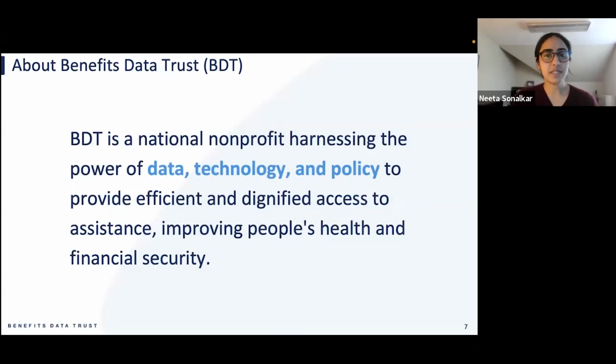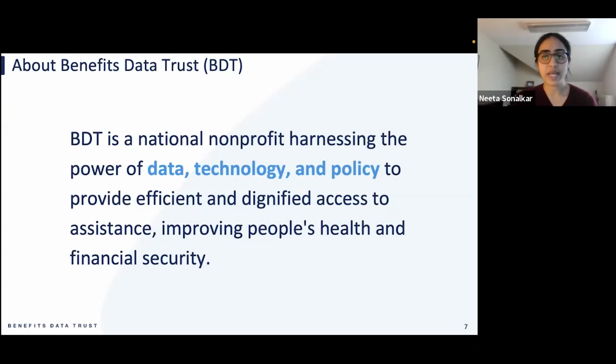So a little bit about BDT. We are a national nonprofit, as Pauline mentioned, that works to improve people's access to benefit programs. And for the last nearly 20 years, our entire mission has been to help people live healthier, more independent lives by creating smarter ways to access benefits and services. And the way that we do that is by partnering with state agencies, healthcare organizations, and now higher ed institutions to conduct data-driven outreach to people who are eligible for programs but unenrolled, and then deliver screening and application assistance by phone.